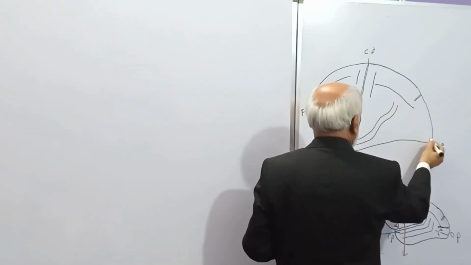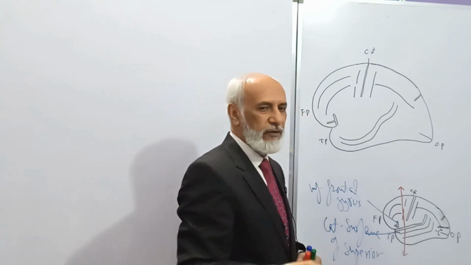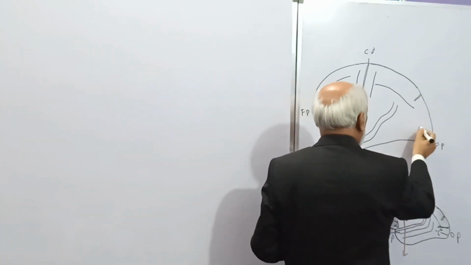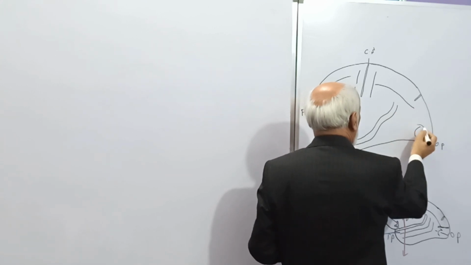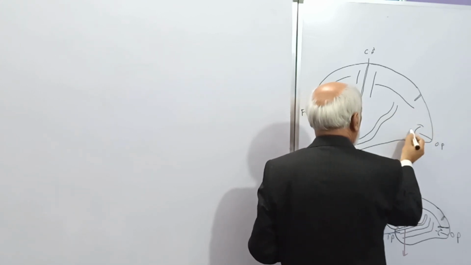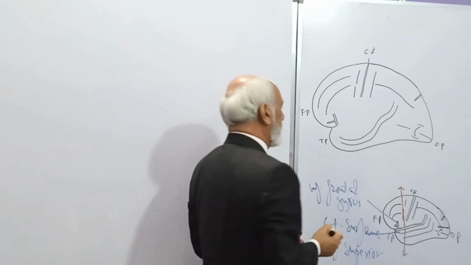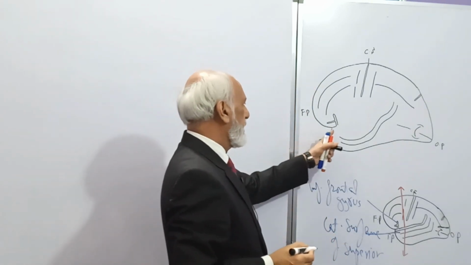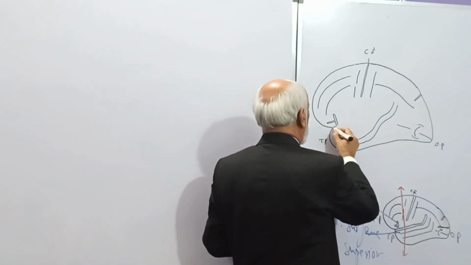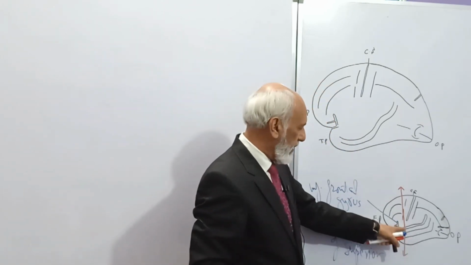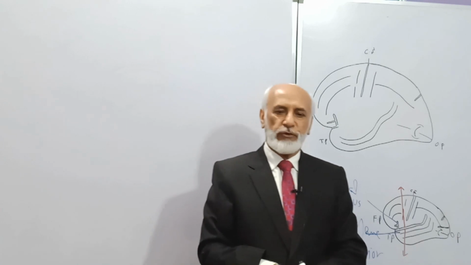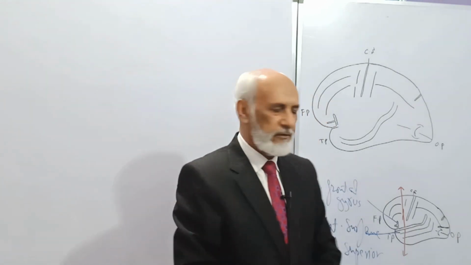Here is the calcarine sulcus on the lateral surface of the occipital lobe. A little in front of it is the lunate sulcus. This is the upper polar and this is the lower polar sulcus, and this is the lateral occipital sulcus. Now here are the upper and lower lips of the posterior ramus of the lateral sulcus.